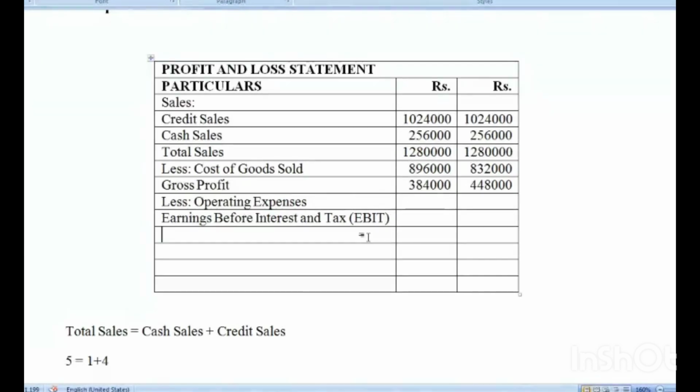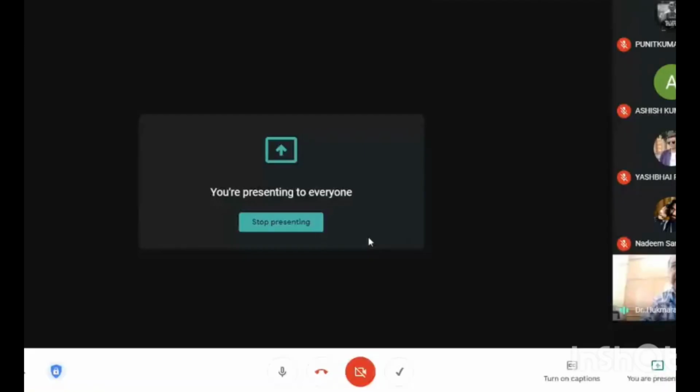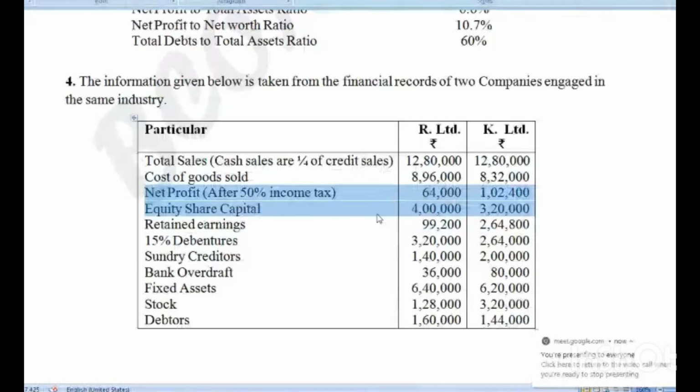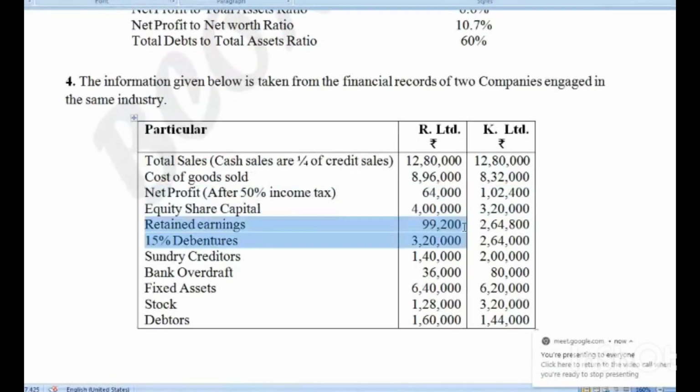After that, you need to deduct less interest, interest on long-term debts. Long-term debt is available here. Long-term debt is 15% debenture. This is your long-term debt. So 15% of 3 lakh 20,000.